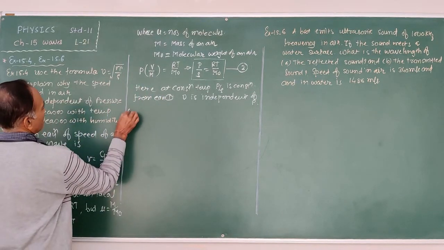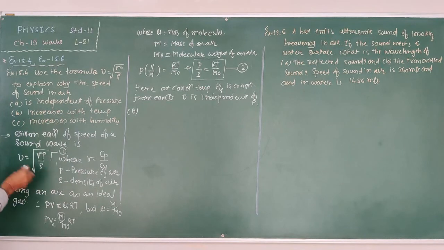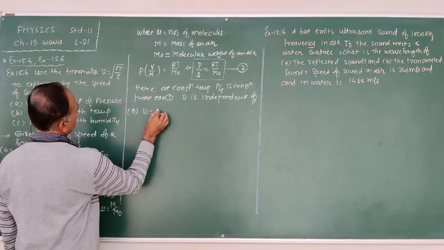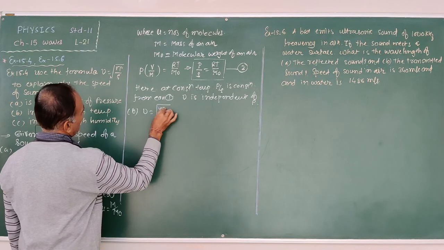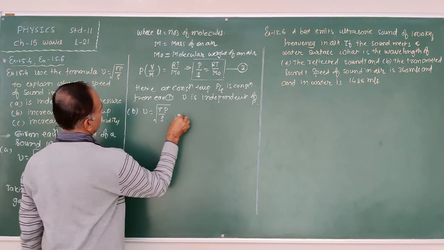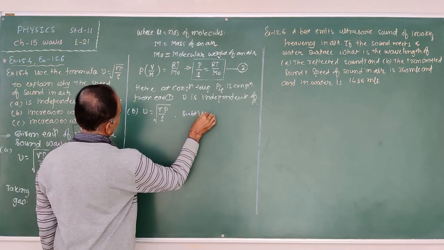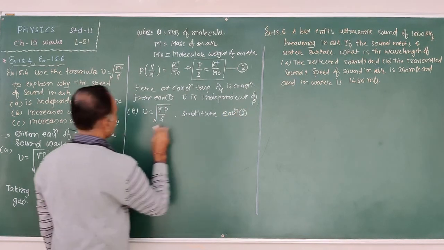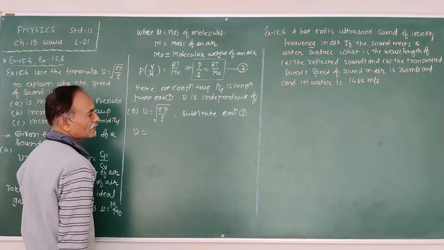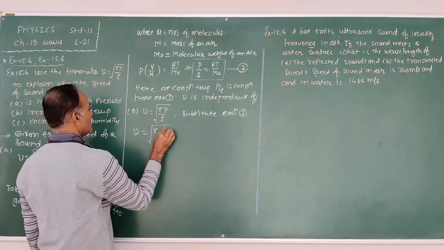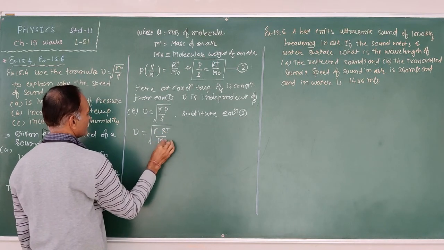Now, second part, B part: increase with the temperature. We know that V is equal to under root of gamma P upon rho. Substitute equation 2. Therefore, our equation becomes V is equal to under root of gamma, as it is, and instead of P upon rho, RT upon M0.